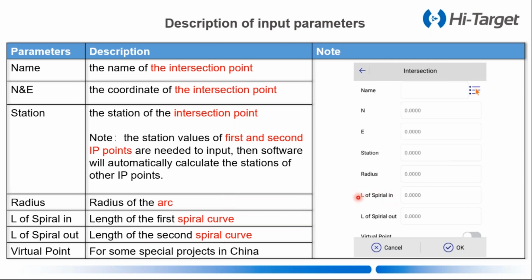And then we need to input the length of spiral in, length of spiral out. Later I will talk about it in detail. And the virtual point is only for some special projects in China now. So I'm not going to introduce this today.